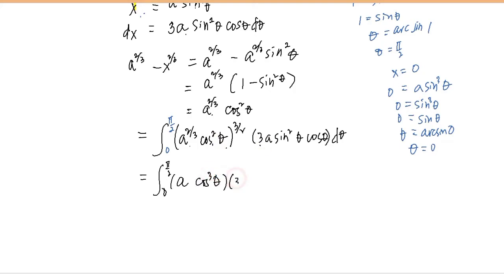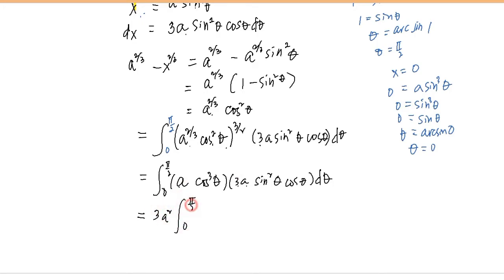And for the second term here, we have 3a sine squared of theta cosine theta d theta. This is equal to, so for the constant, we have 3a multiplied by a is 3a squared. So factor out na lang natin siya.